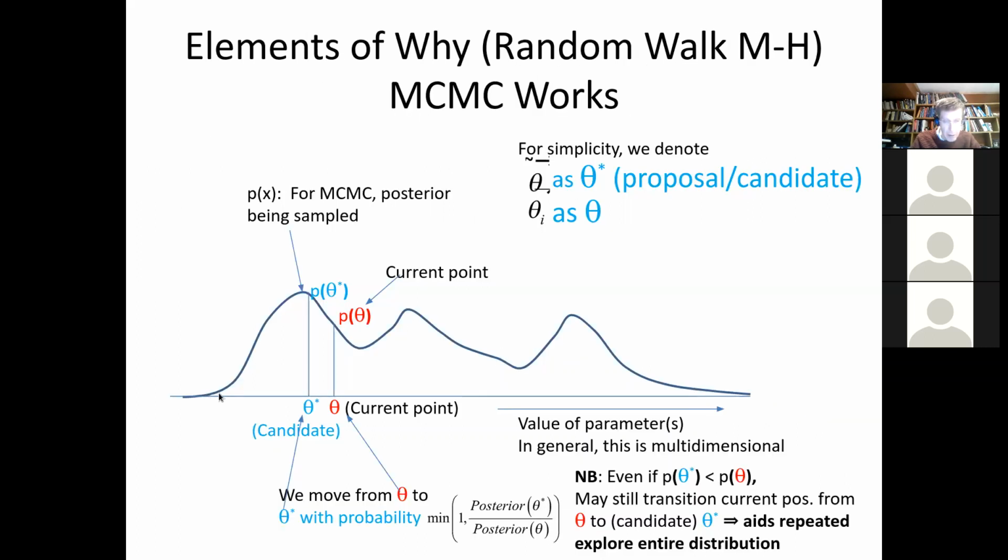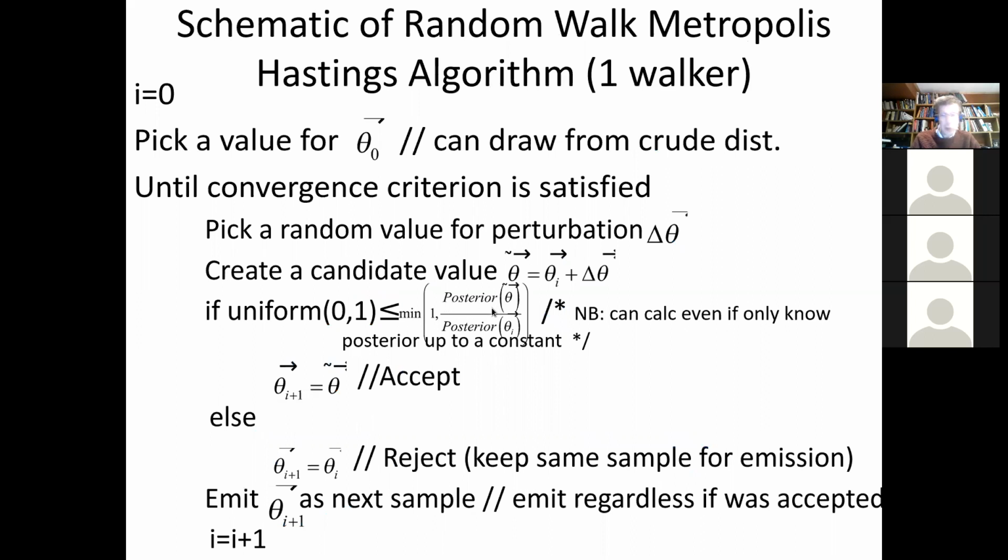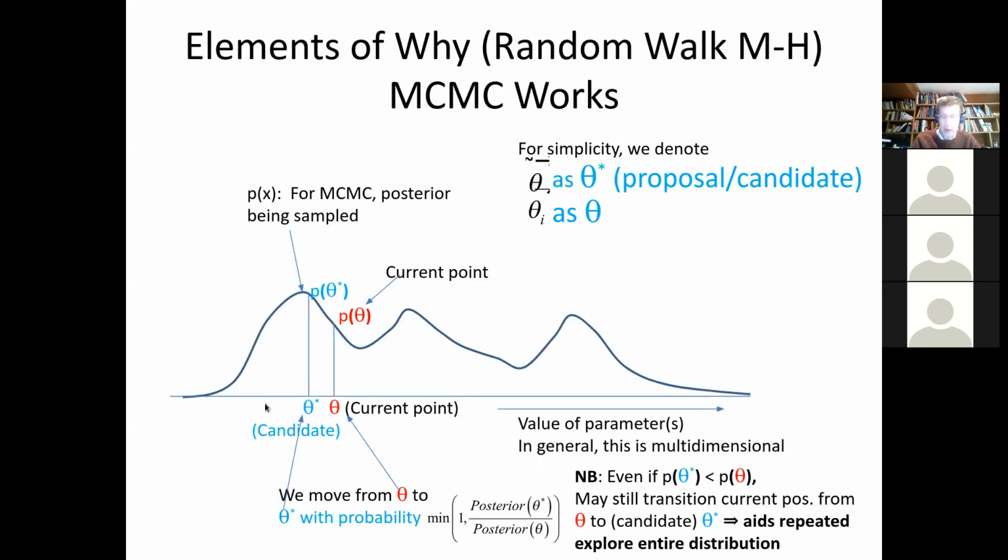Down here, it might be 0.02, and our chance of drawing a value less than or equal to 0.02 from between 0 and 1 uniformly is only like 2%. So we're not going to accept very frequently. We're going to reject, and we just stay here. So this is the idea.